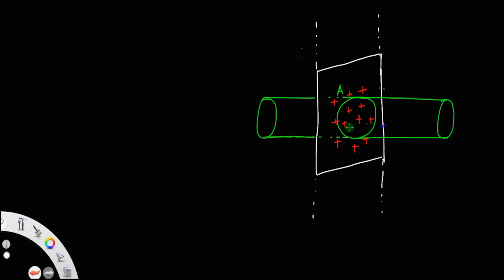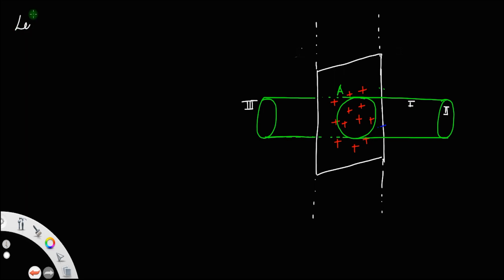This cylindrical Gaussian surface has three areas. One, the curved surface, the second one, the cross section, and this is the third area. Clear? Now we have the flux through.